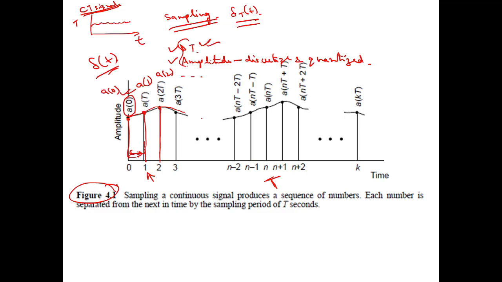In this figure, for the sake of simplicity, it has been taken that capital T is equal to 1. Now f is the sampling frequency, it is equal to 1 by capital T.